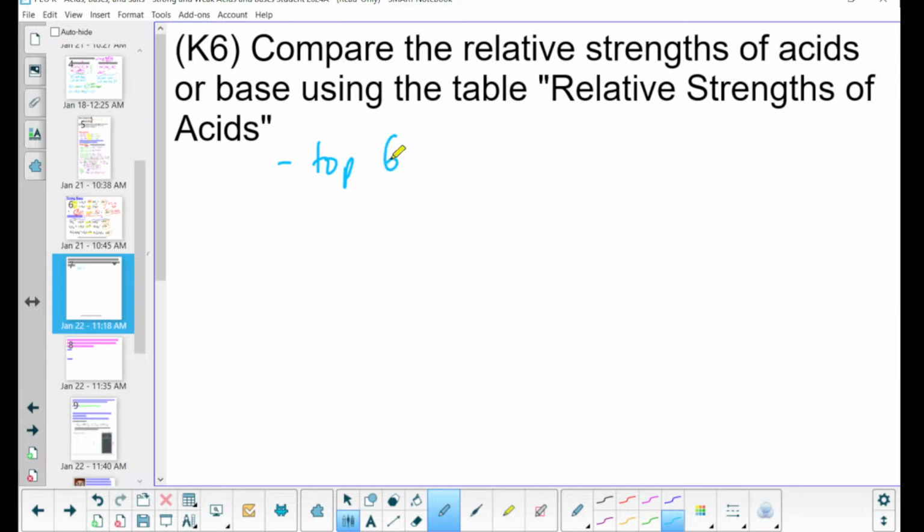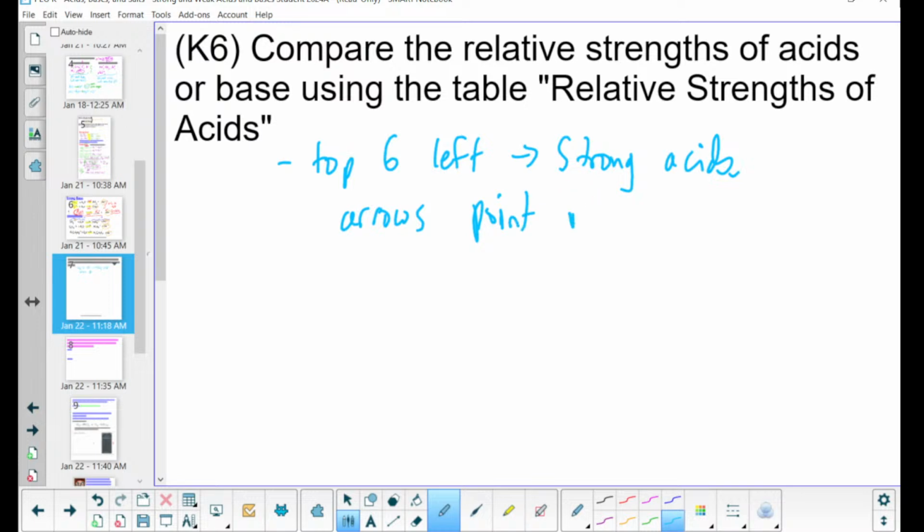Top 6, left, strong acids, arrows point to the reaction. Bottom to right.